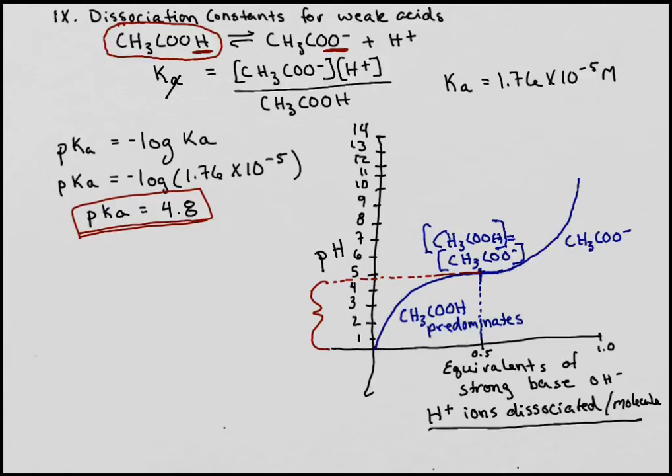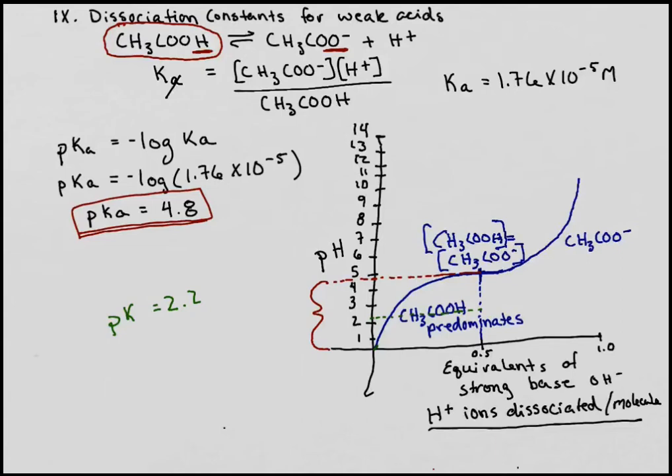Now, if we make up a fictional acid that I'll draw in with a different curve, we could recognize this fictional acid as potentially having a pKa equal to 2.2. Let's pretend its inflection or midpoint will occur at 2.2.